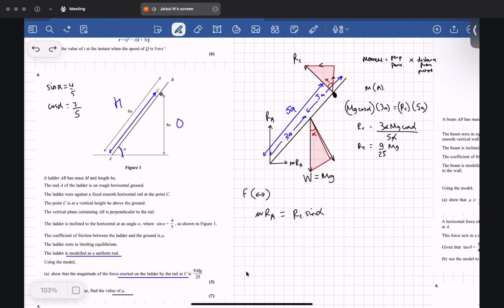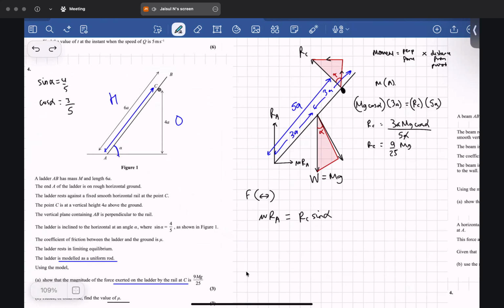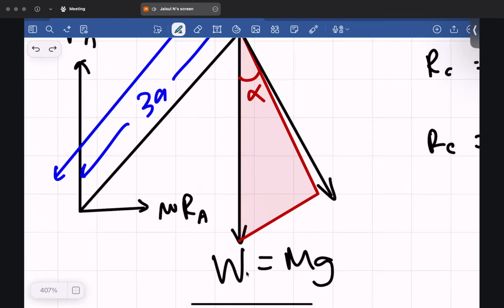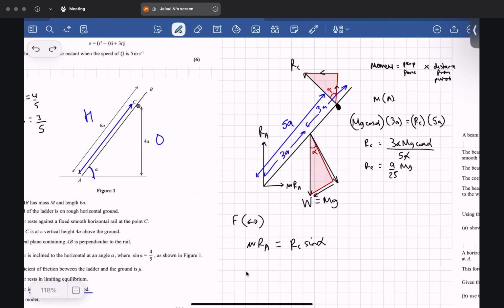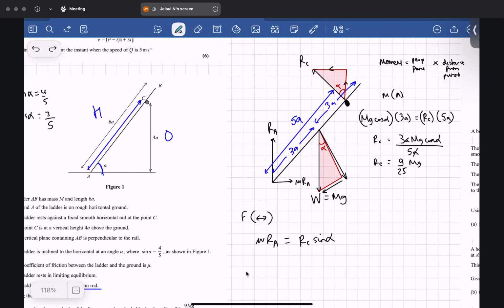But the other red triangle, the W one, it's not going to the right. You've got down the slope, perpendicular to the slope, and straight down. Nothing is going directly to the left in the components. So I can simplify the RC sine alpha. RC, we worked out, was 9 over 25 mg. Wait, can you still write it as RC sine alpha?